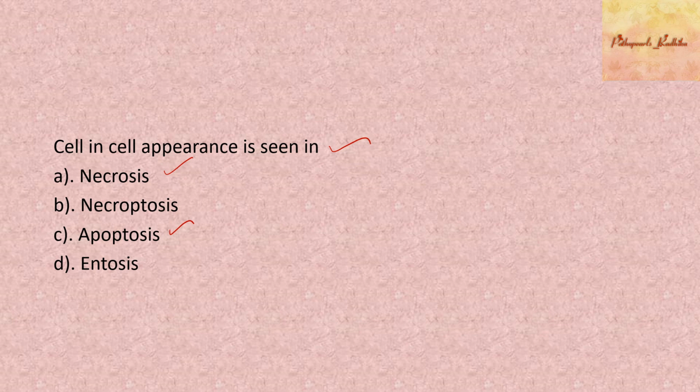It's basically an irreversible form of cell death. What is necroptosis? It's a caspase independent programmed cell death. Whereas apoptosis is programmed cell death, whereas necroptosis is otherwise called caspase independent programmed cell death. So you know the answer for these three.